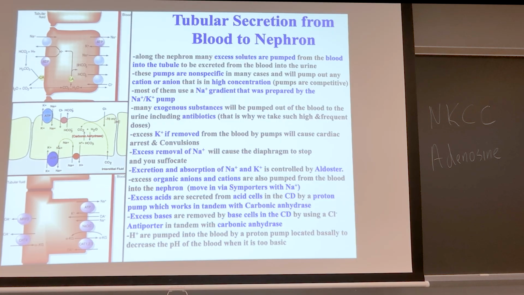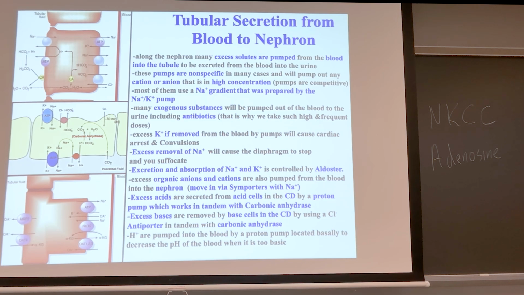If you have a lot of calcium or potassium, it's going to get pumped in or out. But you have to be careful with those things, because if you, for example, pump too much potassium into the filtrate, this can cause cardiac arrest or convulsions, right? So you got to be careful with medications.